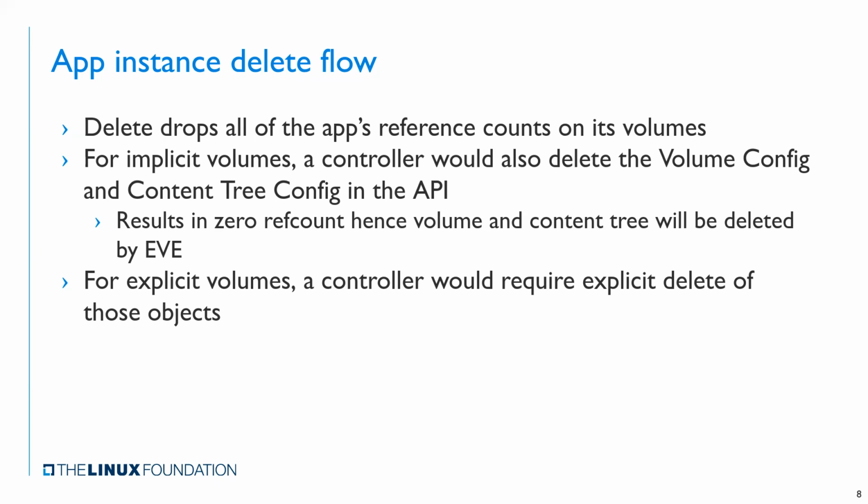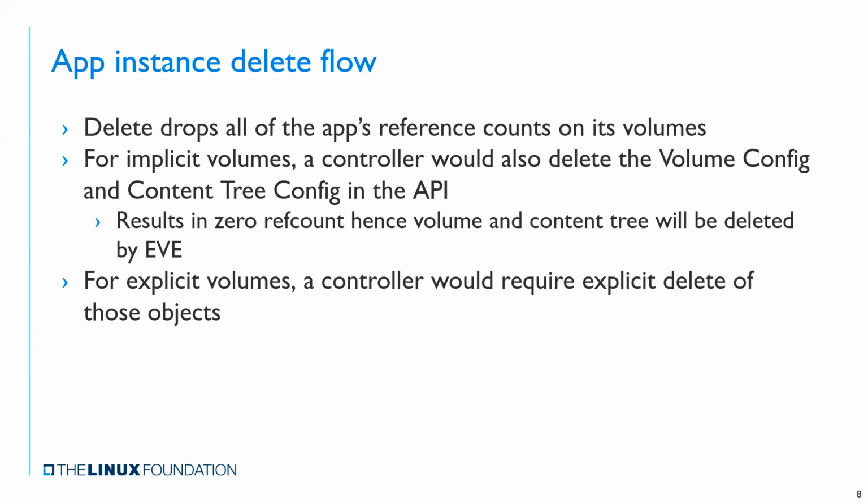That will trickle through the microservices in Eve, and it will end up with 0 ref count on the volume and 0 ref count on the content tree. That means they will be deleted, and the space on disk will be made available. When you have explicit volumes, the controller and the UI is where you go do this.